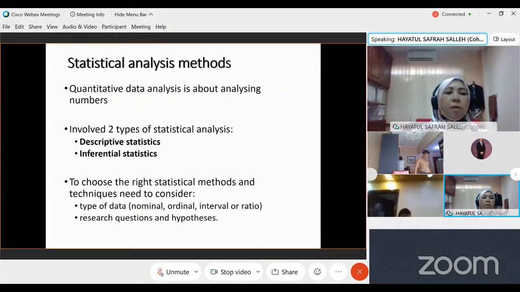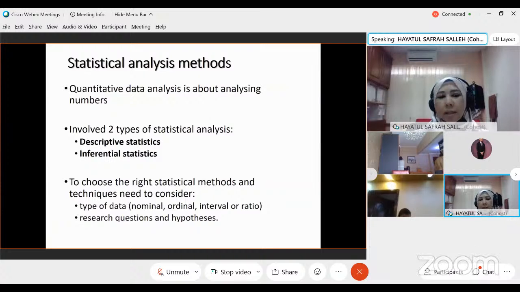So it involves two types of statistical analysis. One, the simplest, is descriptive statistics, and the other is inferential statistics. To choose the right statistical methods and techniques, you need to consider your type of data. What types of data are you collecting?